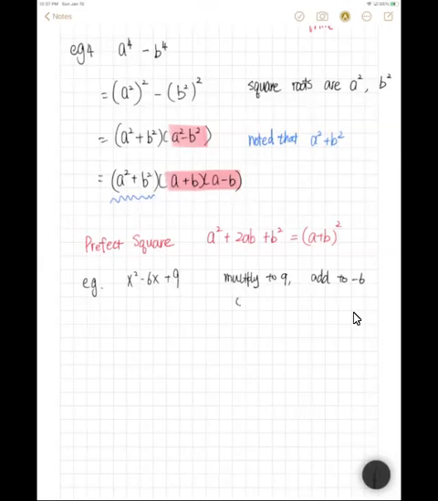So now we think about negative 3 times negative 3 is equal to 9, and then negative 3 plus negative 3 is equal to negative 6. So that means negative 3 is the number that we're looking for. So we have x minus 3 times x minus 3. And since these two terms are the same, I can write it as x minus 3 squared.